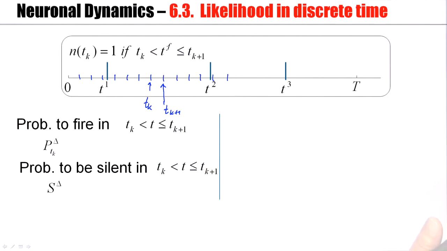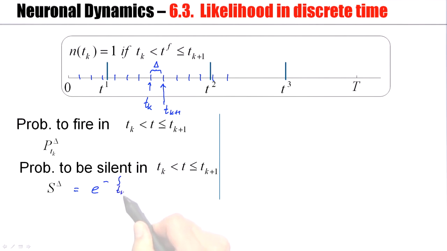Now let's look at the probability to survive this interval, the time step delta, without firing. The probability to be silent in this interval delta is given by the survivor function.